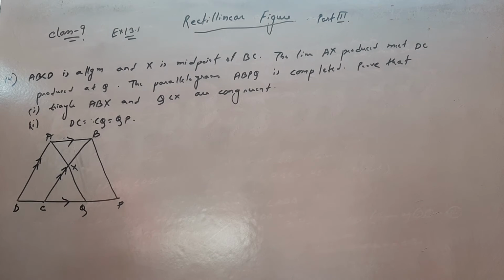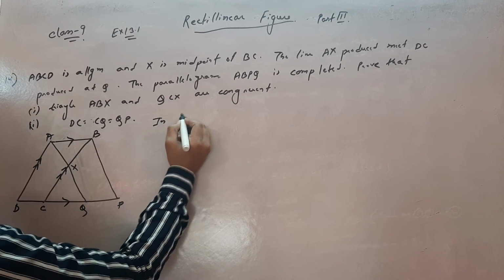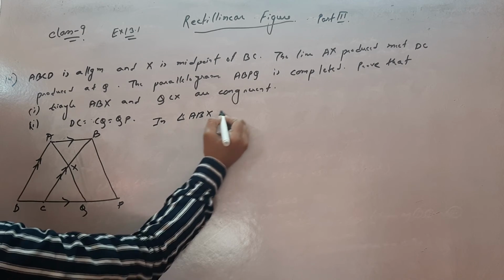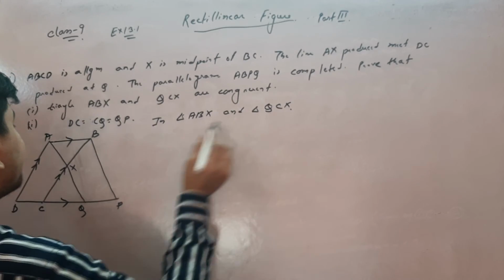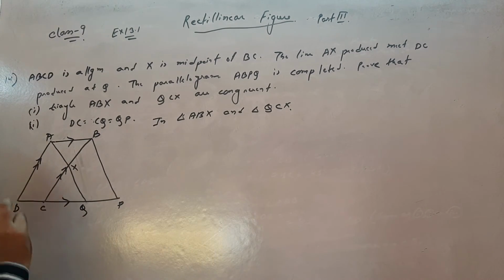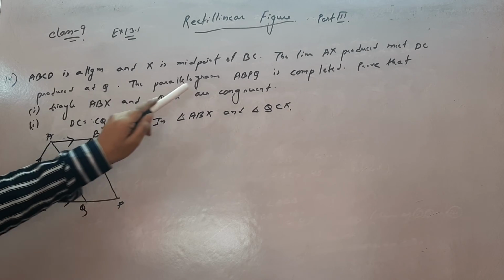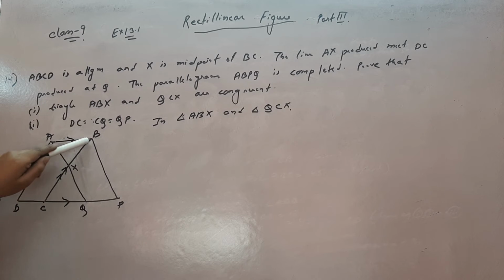So first I will prove this one. In triangle ABX and triangle QCX, we know that ABCD is a parallelogram and ABPQ is a parallelogram. Clearly X is the midpoint of BC.